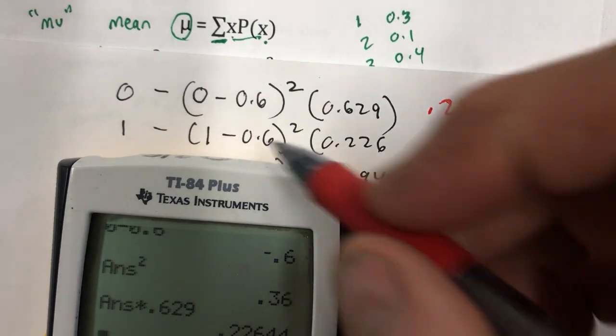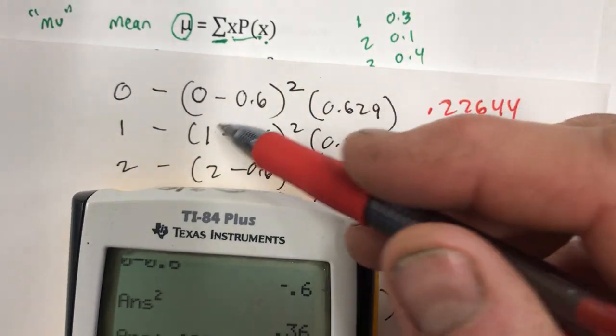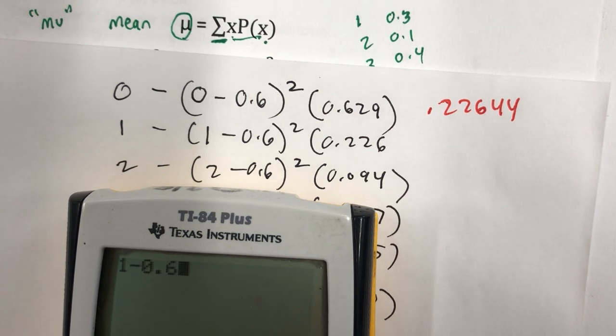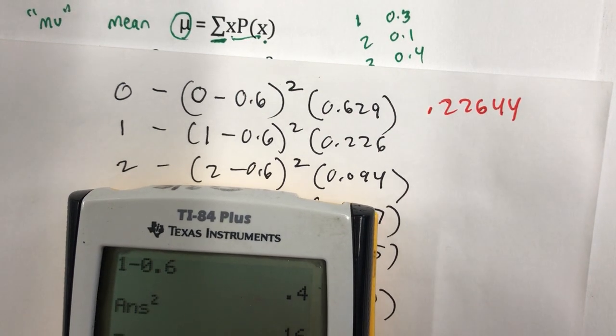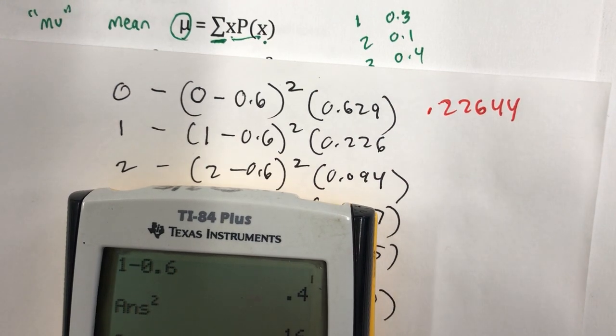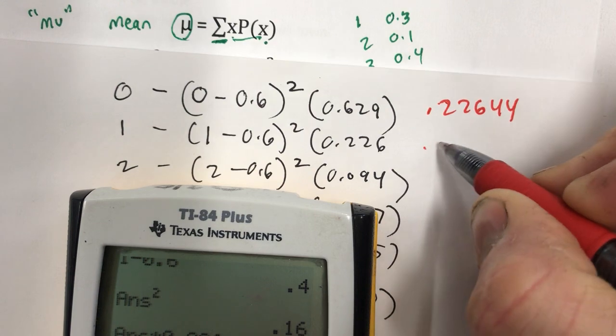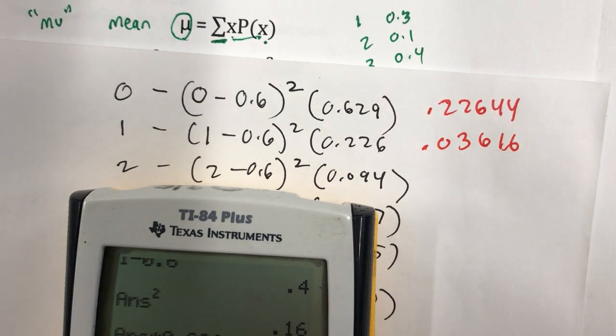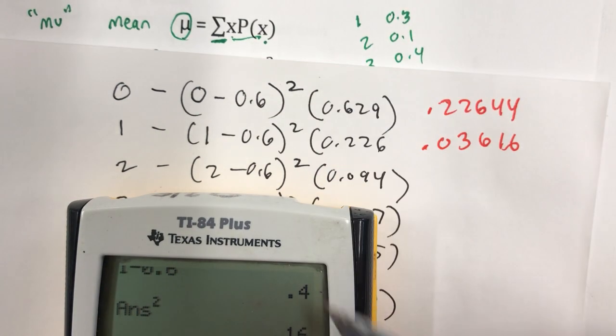Okay, now I'm going to do this one. 1, clear it off, 1 minus 0.6 equals, square it, equals, times 0.226. And I got this right here, 0.03616. Okay, then I go to the next one now.